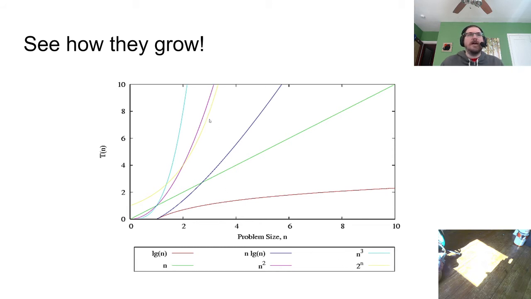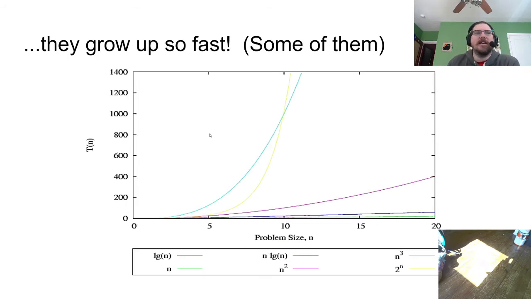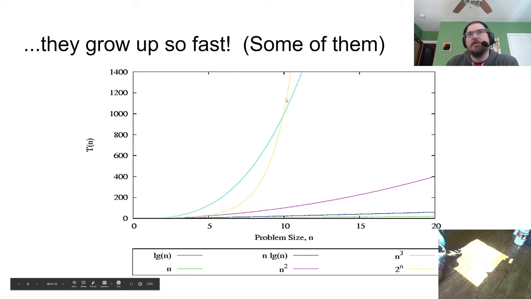Wait, whoa. I just got done saying that 2 to the n is the slowest, but it's not. It looks like n cubed is the slowest over here. Well, if we actually expand this out, the problem size, we'll see that at the problem size of 10 is when the exponential function starts growing faster.